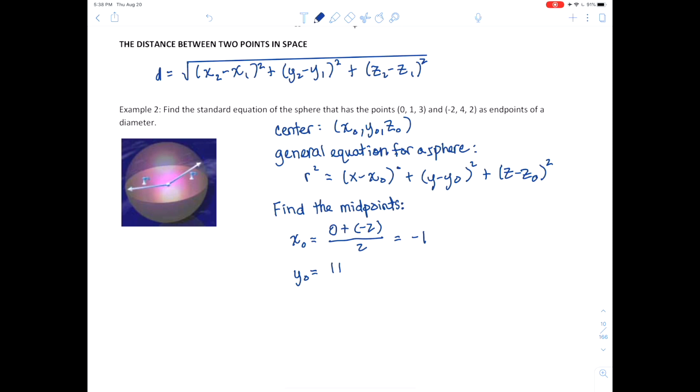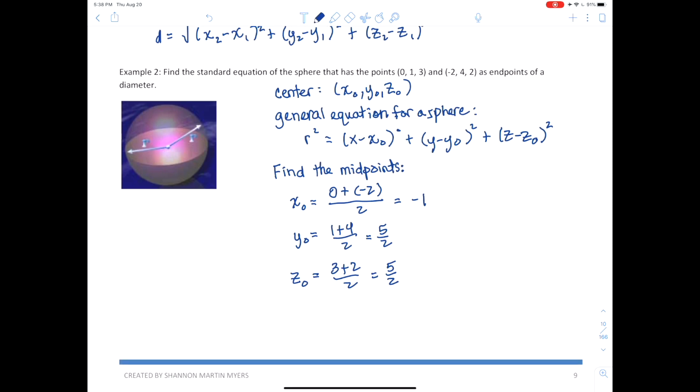Beautiful. 1 plus 4 over 2, which is 5/2. And how about our z0? Let's see, 3 plus 2 divided by 2, which gives us another 5/2. So what have we found? We found that the center of the sphere is -1, 5/2, and 5/2.